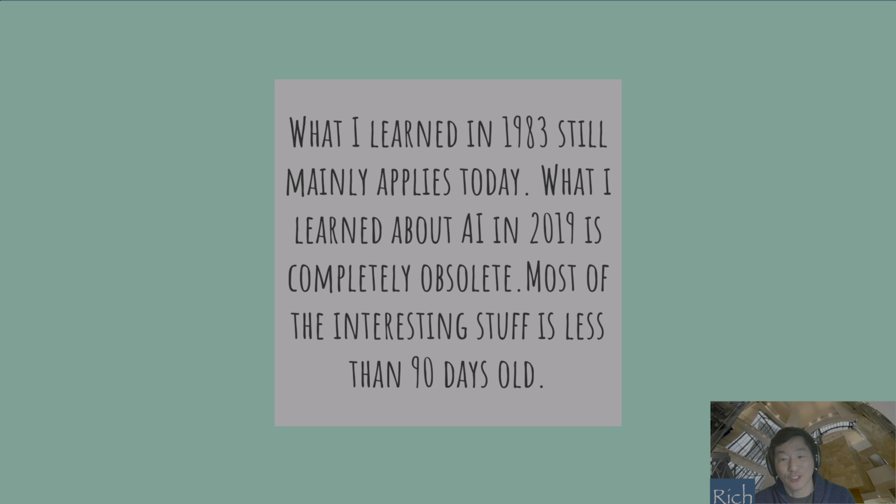The computers have changed from an 8088 or a Motorola 68000 to a gigantic M1 Mac. But you could use the same understanding back then to understand computers now. But what I learned about AI in 2019 is almost completely obsolete. And in fact, most of the interesting stuff is less than 90 days old. So we're really at the beginning of a real steep revolution.